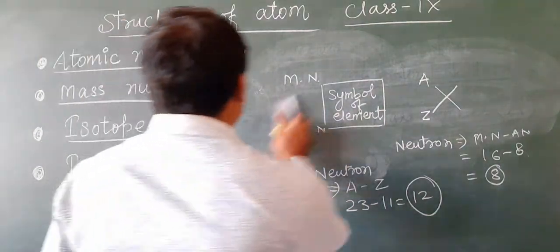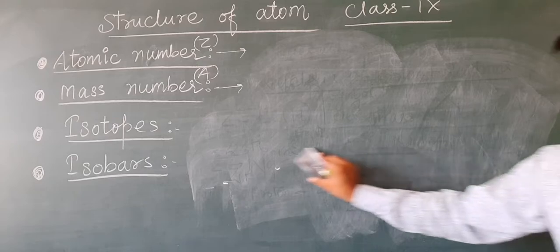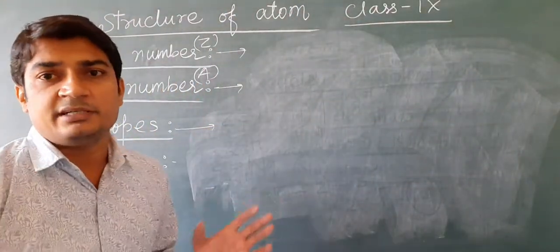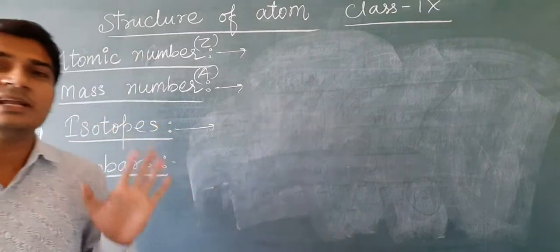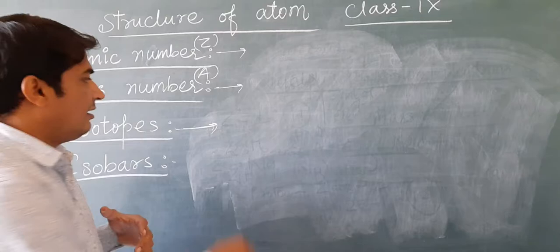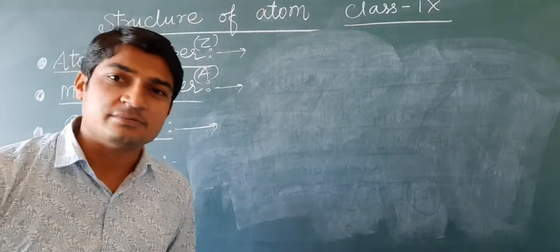Okay. Third one is isotopes. Atoms of the same element exist in such a way that they have different mass numbers.